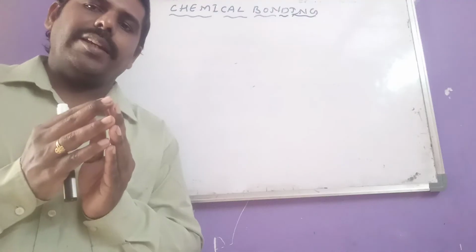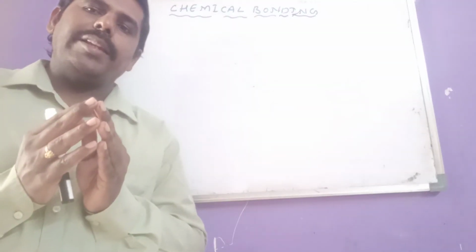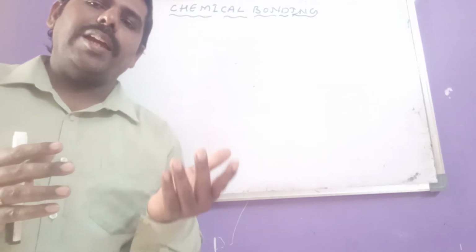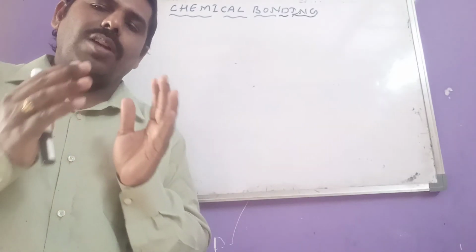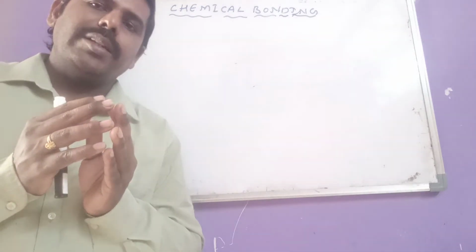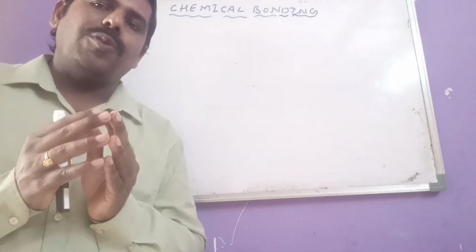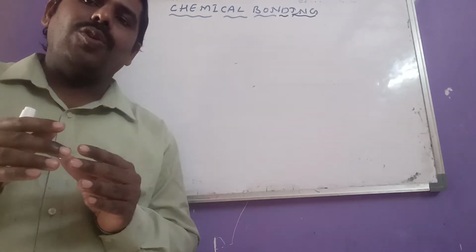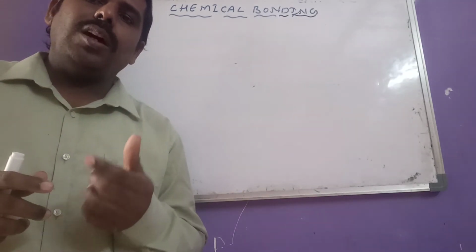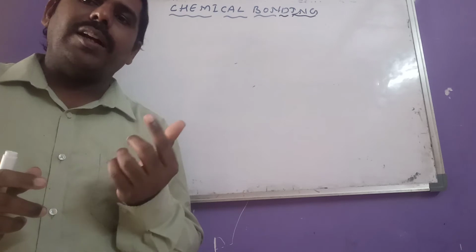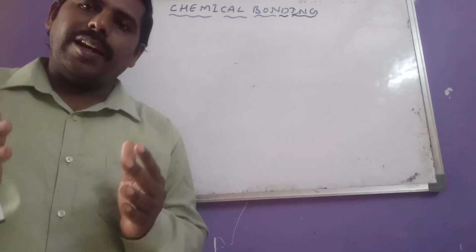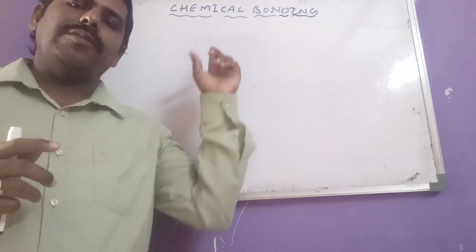So like that, to get stability, atoms combine with one another and give a molecule. Now in between atoms, there is some attractive force. That attractive force that binds two or more atoms or ions in a molecule or in an ion is known as which one?